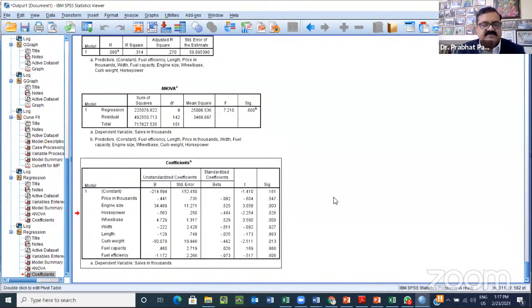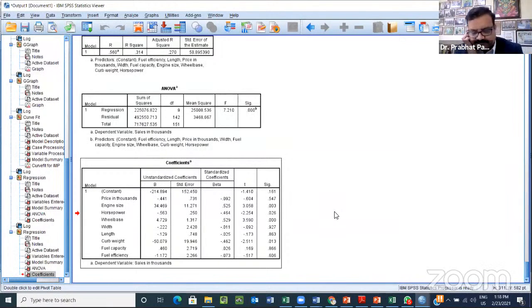Why this happens is because one of the assumptions of regression is called the assumption of autocorrelation, right? So there is a term called autocorrelation. Regression is also based on the assumption that the independent variables themselves are not related to each other.